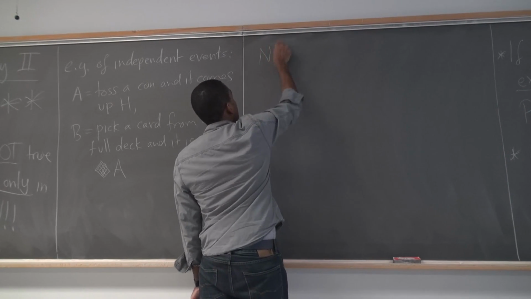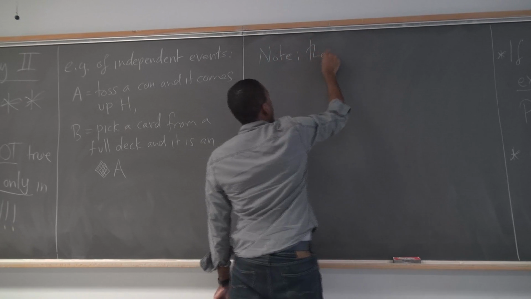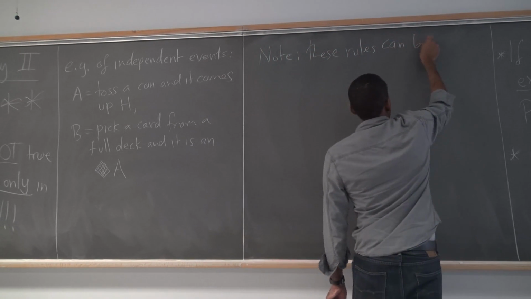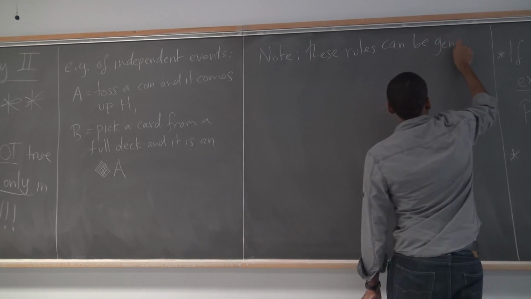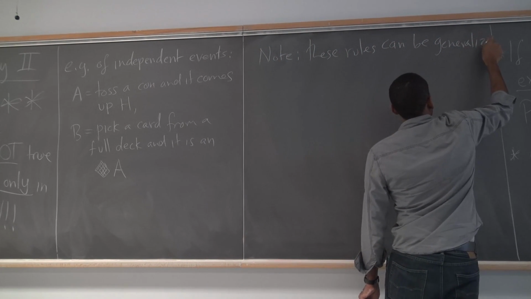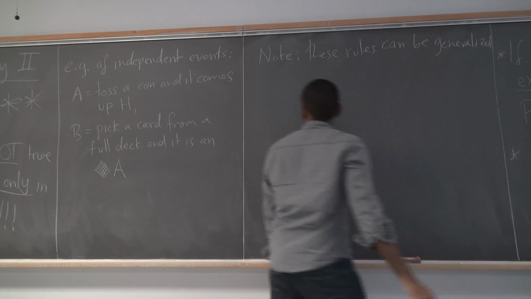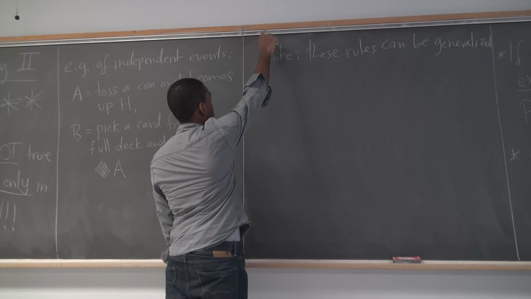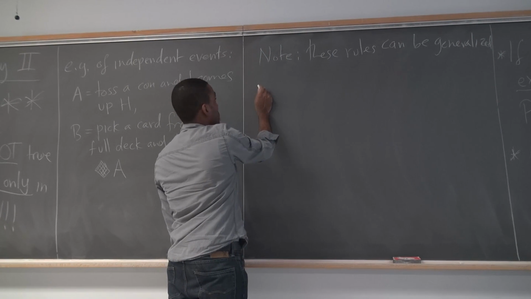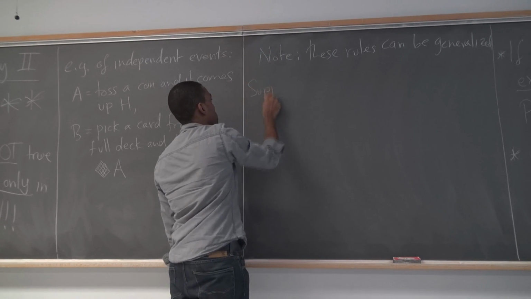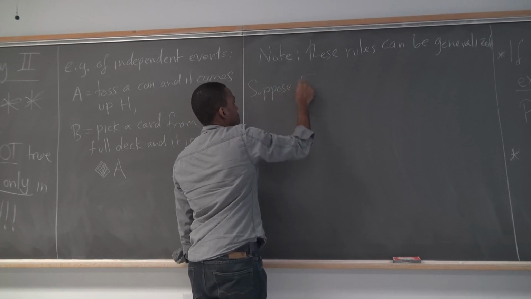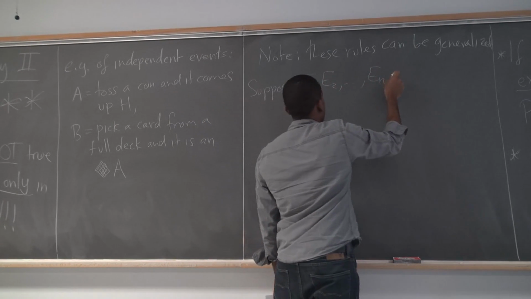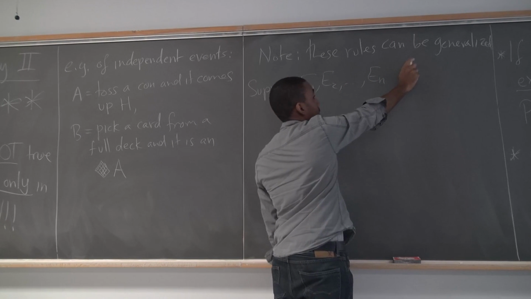So note, these rules can be generalized. You can prove this with something like induction if you were in a more sophisticated math class, but just take my word for it at this point.